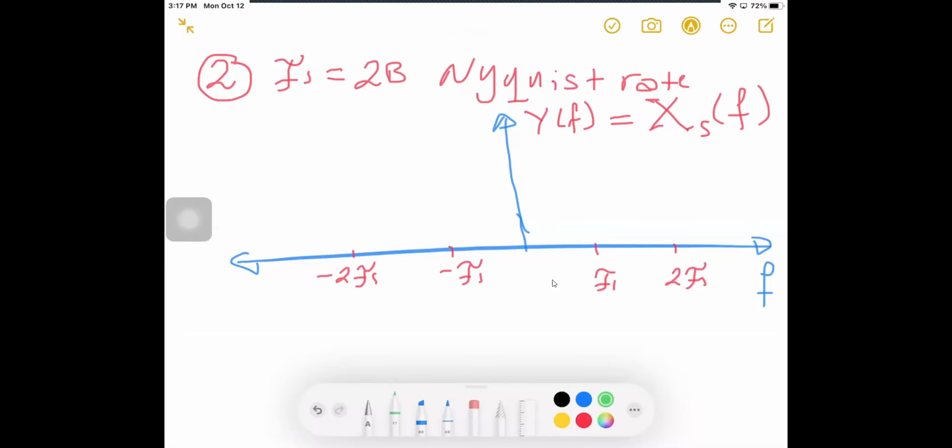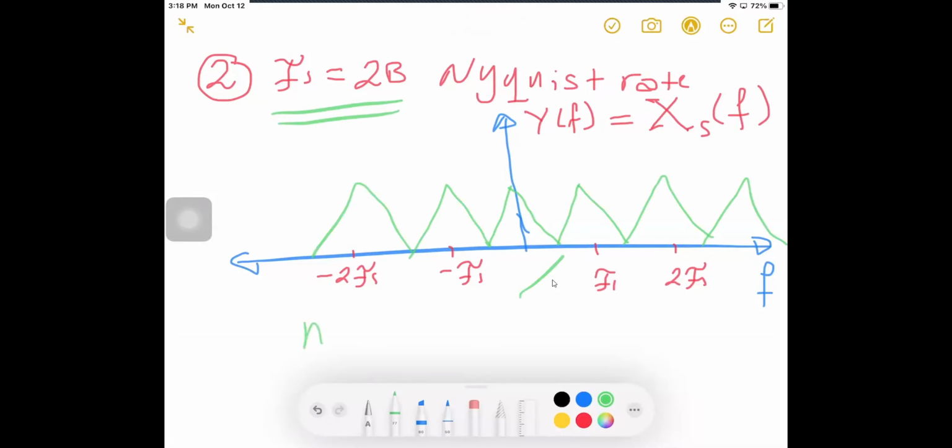Now please look at this case. In this case, we have the following form. When fs is equal to 2b, there is no guard band.